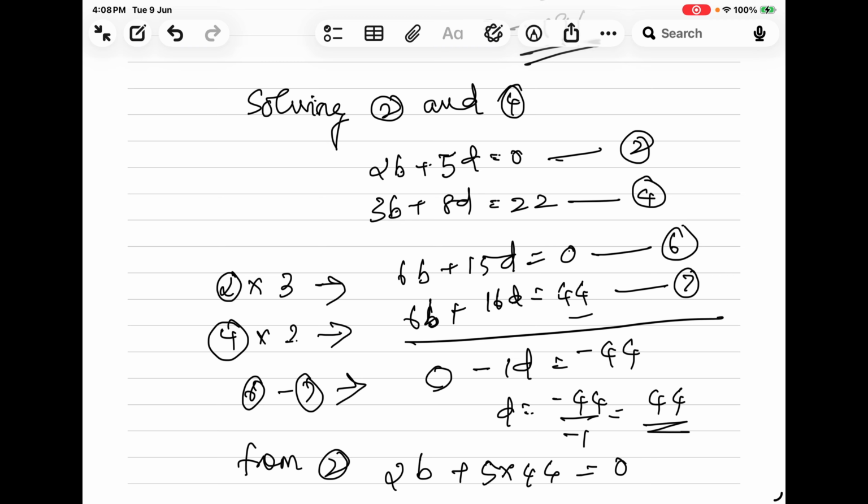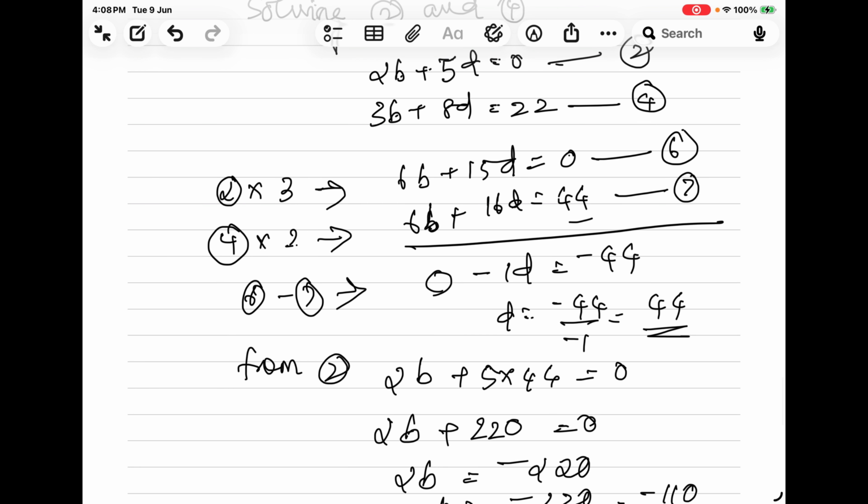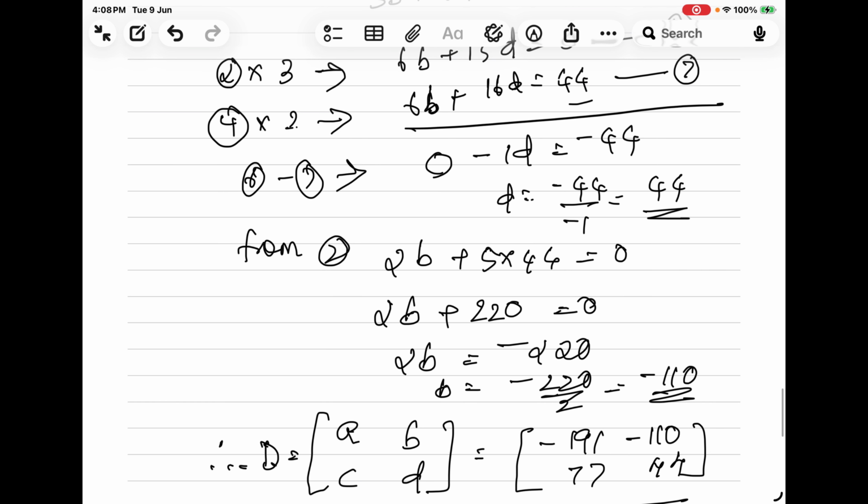Subtracting 6 minus 7 gives negative 1d equals negative 44, so d equals 44. Then from 2b plus 5 into 44 equals 0, that is 2b plus 220 equals 0, so 2b equals negative 220, and b equals negative 110.